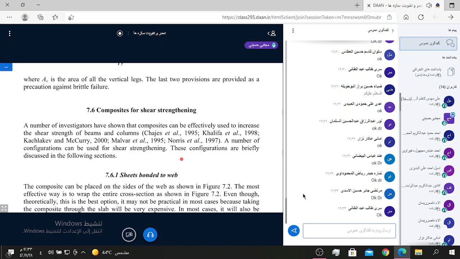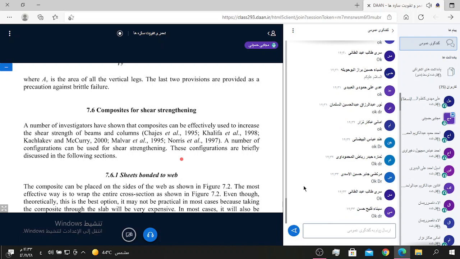Also Mr. Norris in 1997 did research about composite material for shear. A number of configurations can be used for shear strengthening, okay?